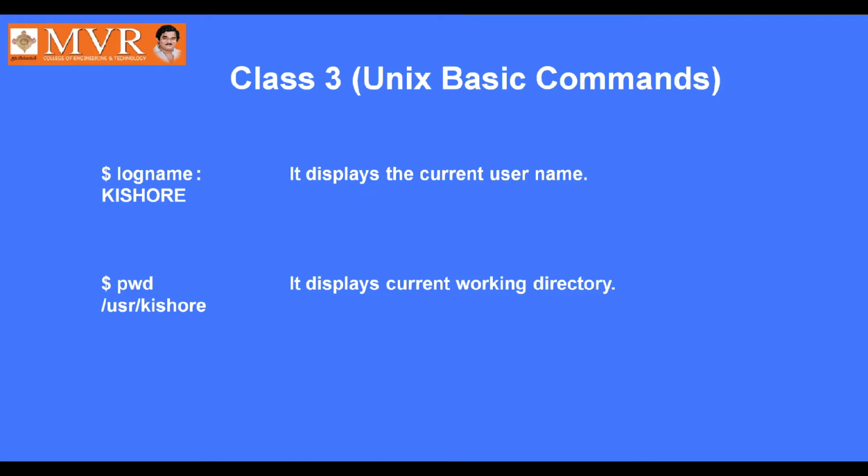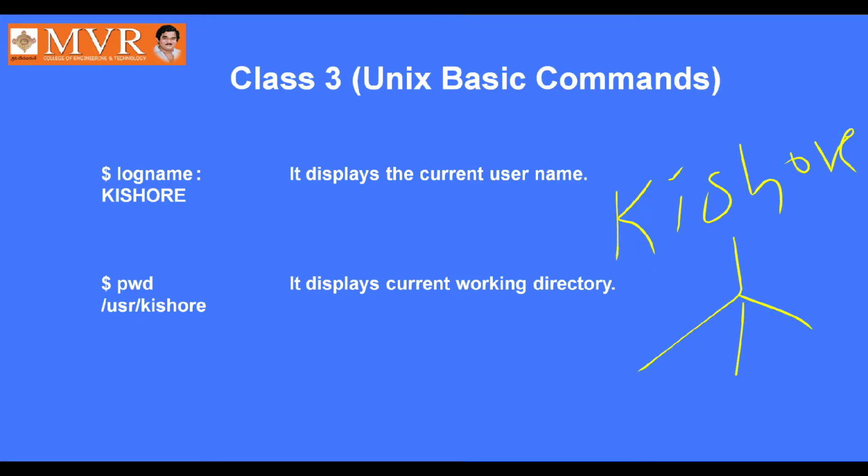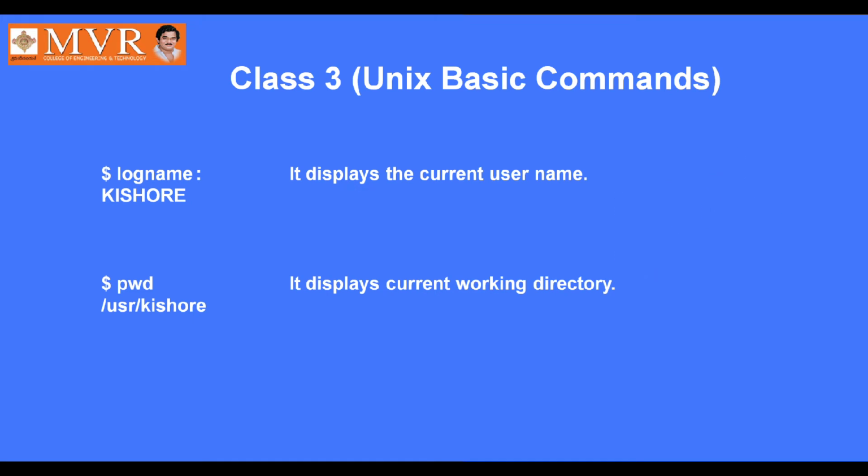Now I am working under the user directory. I have created my own directory, Kishore. Whatever files I create from now onwards will be under this directory Kishore. The tree structure will be like this: Kishore will be the main directory, and under it many other directories or files will be kept, right? So pwd stands for present working directory. Fine.